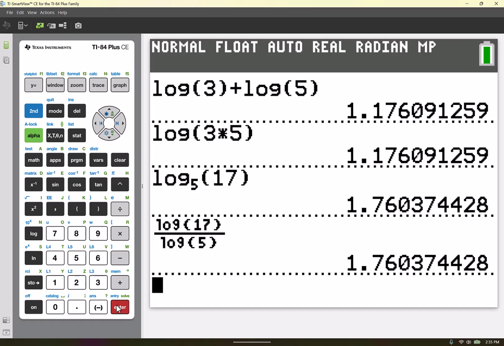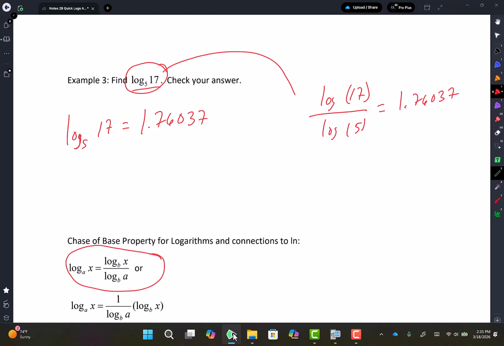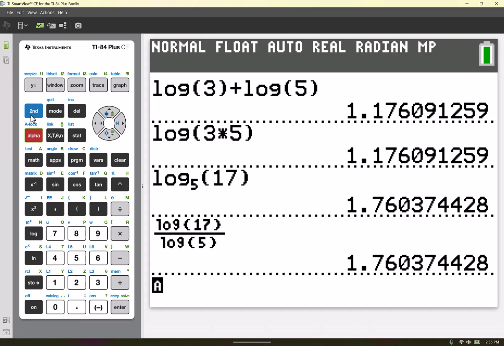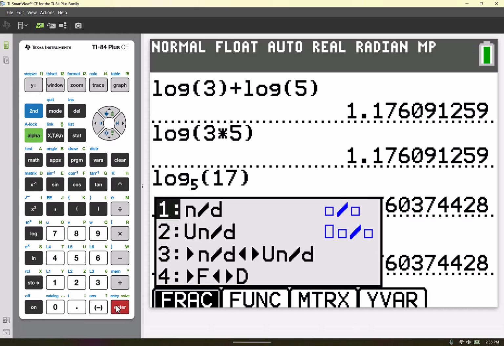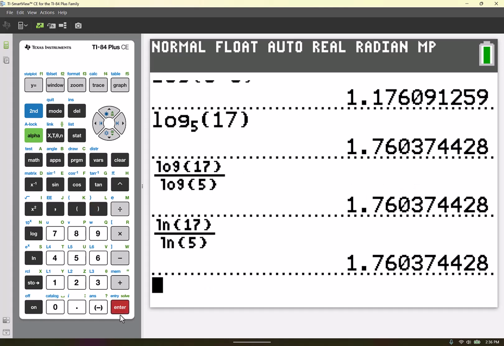Bam, look at that. I don't like logs, I like natural logs. No big deal. ln of 17 divided by ln of 5 will also give you that number. So I'm going to do alpha y equals, enter, ln of 17, ln of 5. Bam.